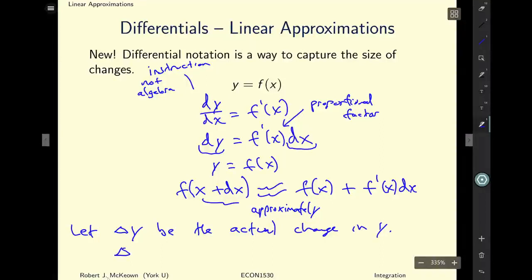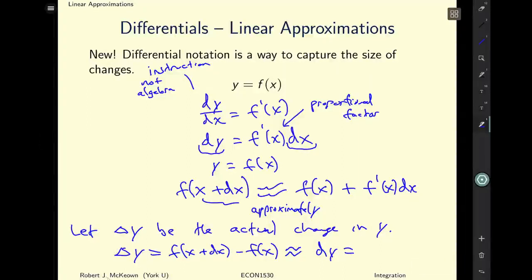Then we can write delta y is equal to f of x plus dx minus f of x, and that whole thing is approximately equal to dy, which is equal to f prime of x dx.